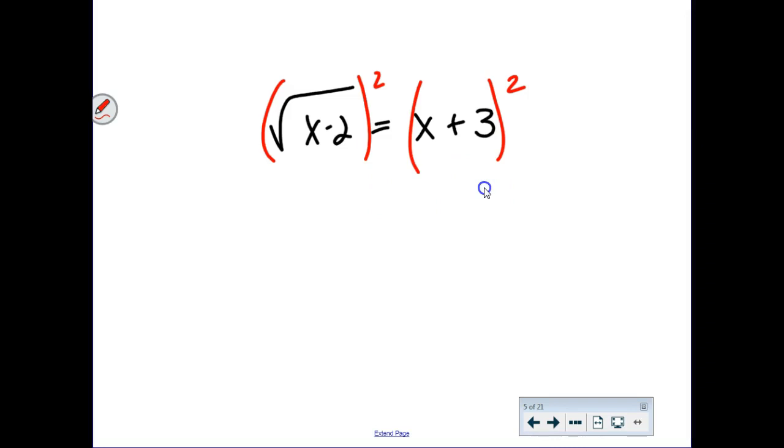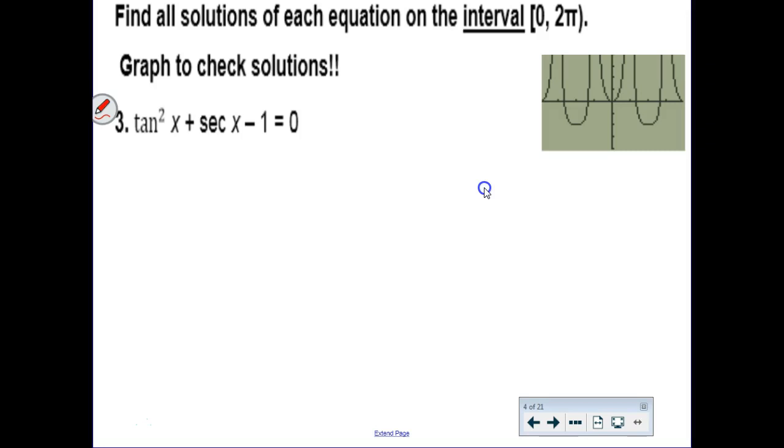Sometimes when you do those problems, you create extra solutions that don't actually work when you plug them back in. Remember the extraneous solution idea? You'd get x equals this and this, and then you'd have to cross off one of them sometimes. That happens in algebra, particularly when you square the functions. We're not going to do that in this first example, but in the next one you're going to see what happens. It's really hard to check solutions algebraically when you're working with trig, so rather than checking them algebraically, we're just going to check them by graphing because it's easier.